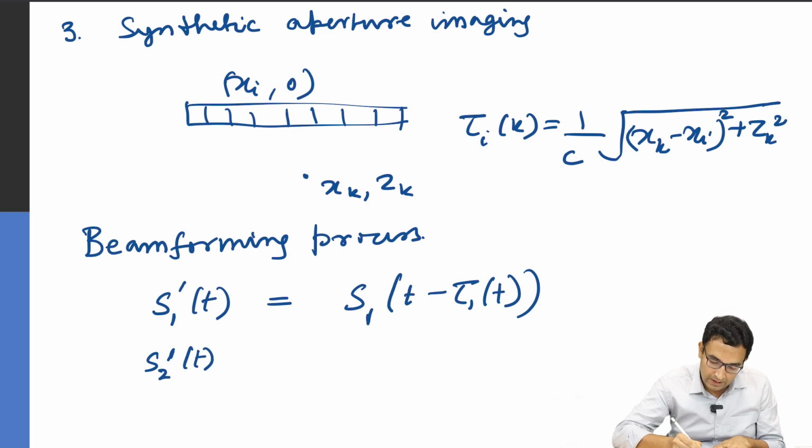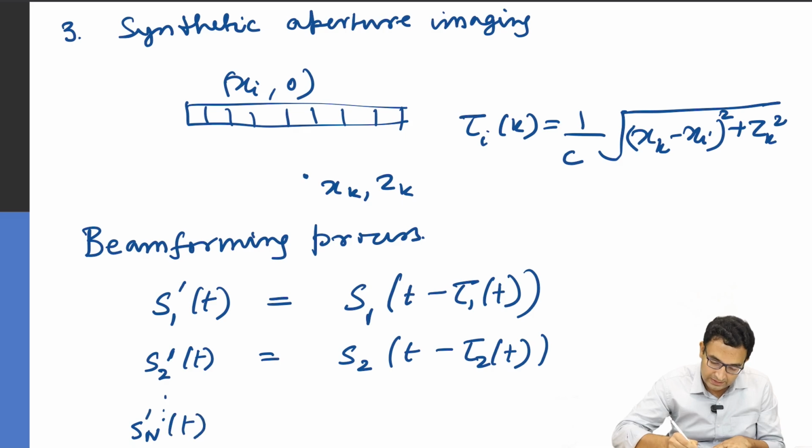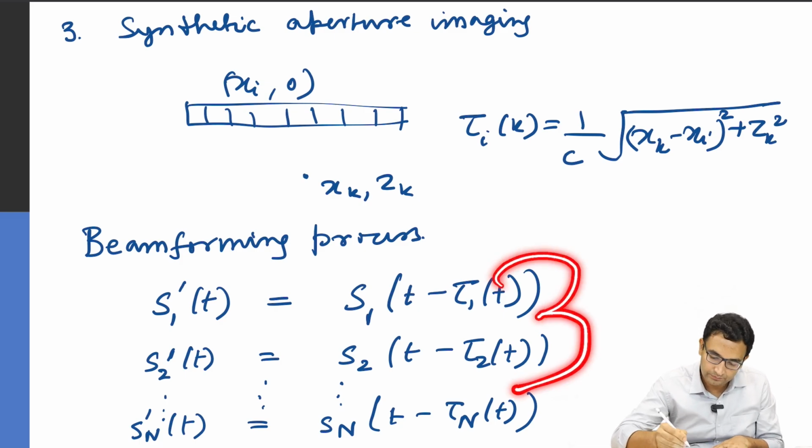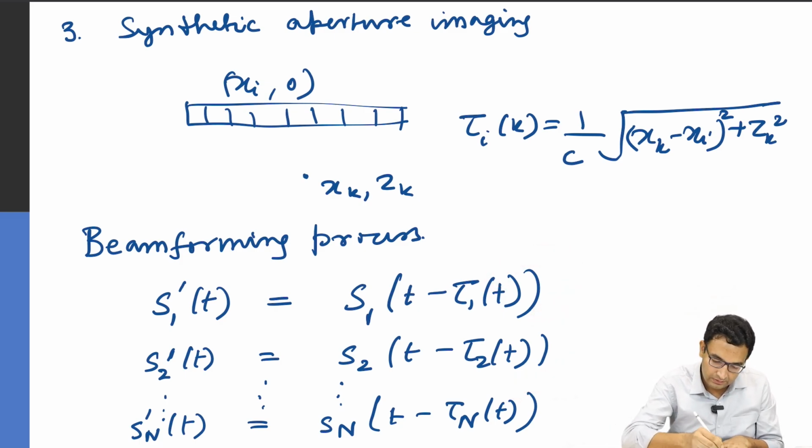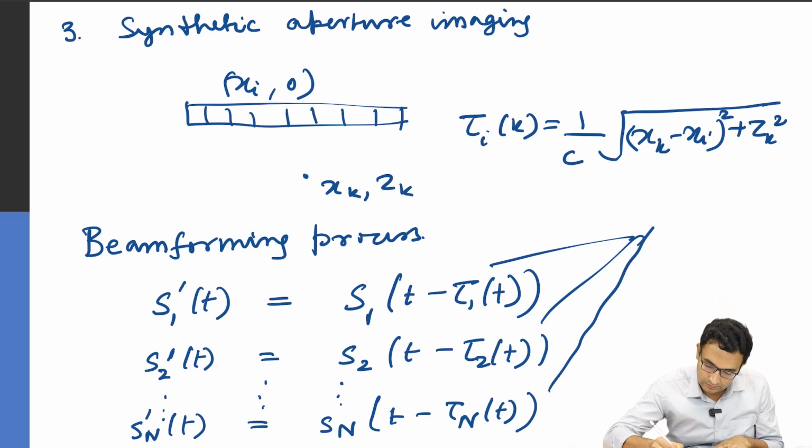Similarly, S2 prime of t is my appropriately delayed signal. It will be the received signal t minus tau 2 of t, and so on and so forth up to Sn prime of t, Sn of t minus tau n of t. So these are the total delays.